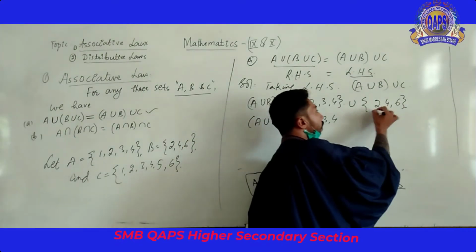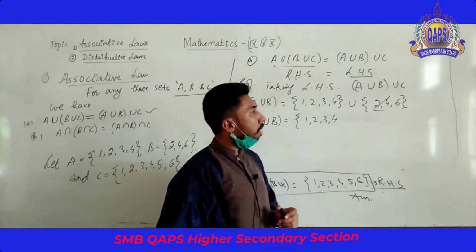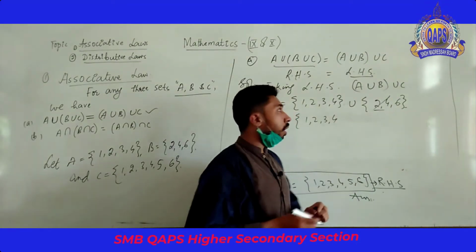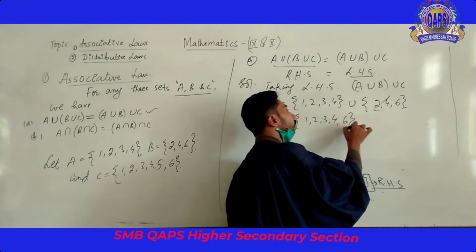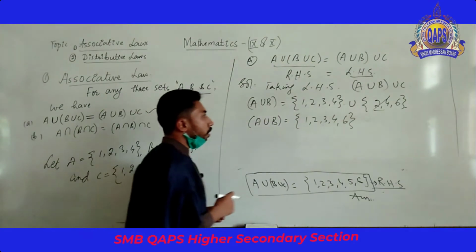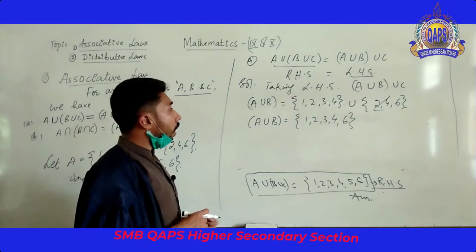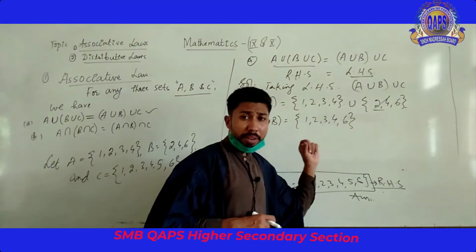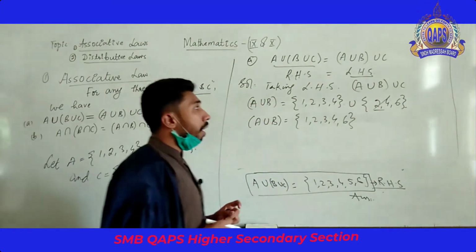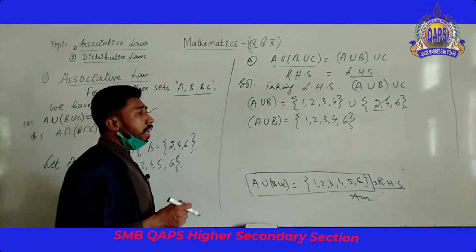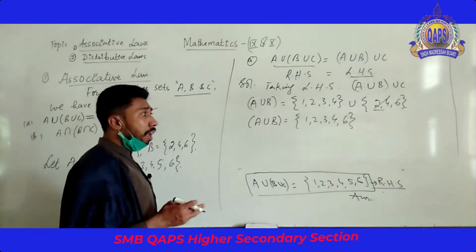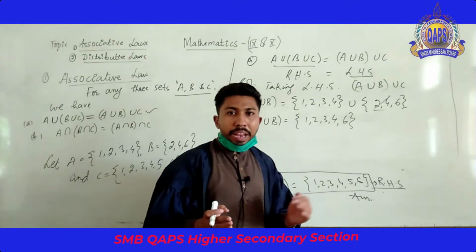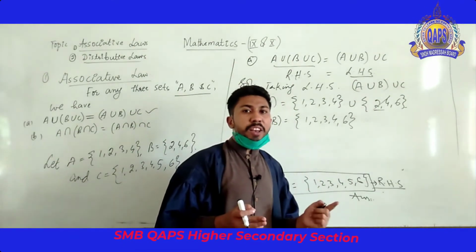So these are eliminated, both elements, and 6 is not present in the set, so we write the 6 element to this set. So A union B contains 1, 2, 3, 4 and 6, but 5 is not here. So this set contains 5 elements, starting from 1 and ending at 6, but not including 5.